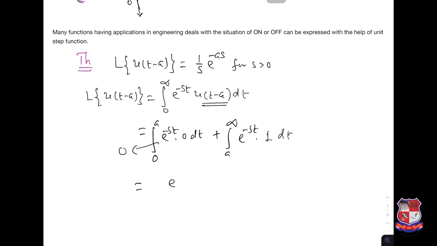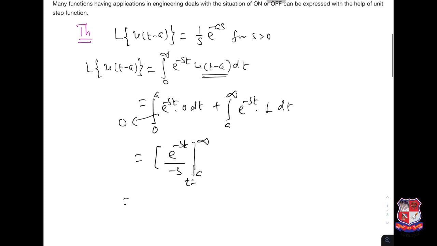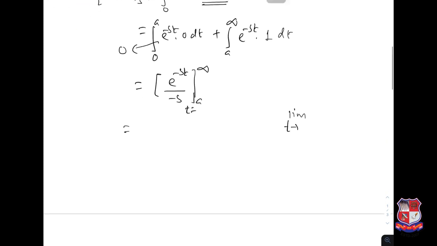This is now e power minus st over minus s, from a to infinity. So this is t equal to a to t tends to infinity. We know when t tends to infinity, e power minus st is 0.